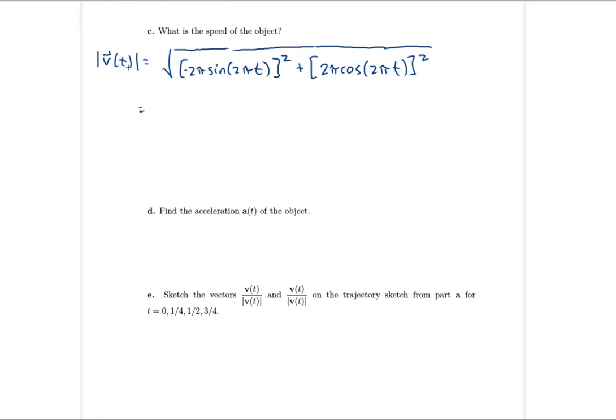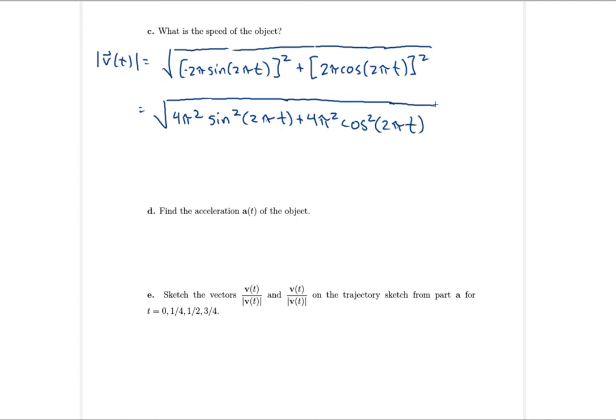Now, this isn't for a specific value of t, right? They're asking us to figure out this speed as a function of t. So in here, we want to simplify as much as we can. So I see that if I square negative 2 pi, I get 4 pi squared sine squared 2 pi t, and then 4 pi squared cosine squared 2 pi t.